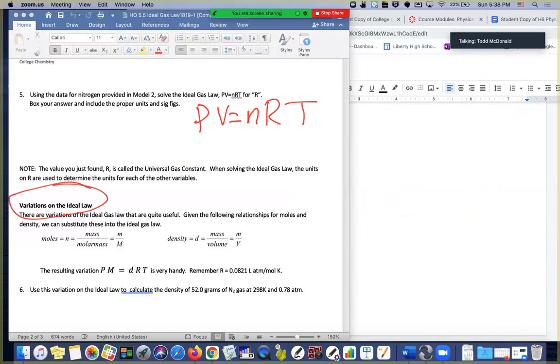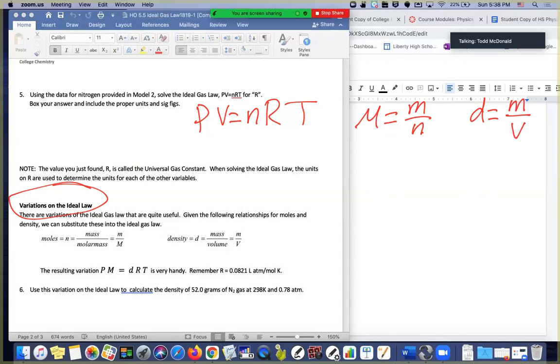And here's what you want to think about: you know that molar mass, I'm going to use capital M, is really the relationship between the number of grams and the number of moles of a substance. It's grams per mole. Well, that would be mass per mole. That is M over n, mass for M, n for number of moles, right? The other equation I want you to look at for a second is density.